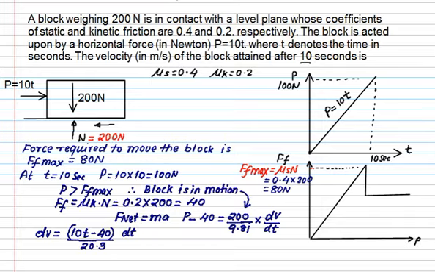Now we will put in the limits of integration at T. The motion starts from 8 seconds onward. That is why the limit is from 8 to 10, and 0 to V. So the final answer is 4.9 meters per second.